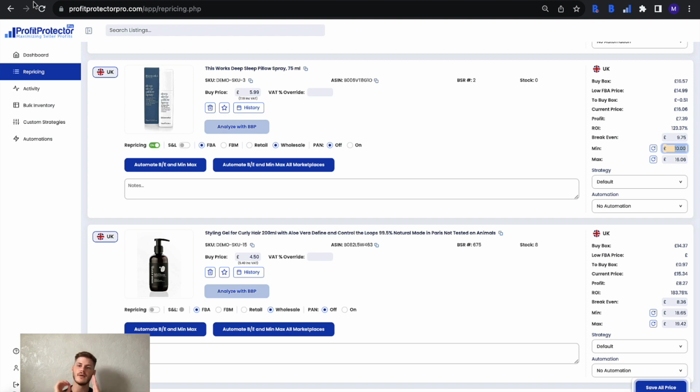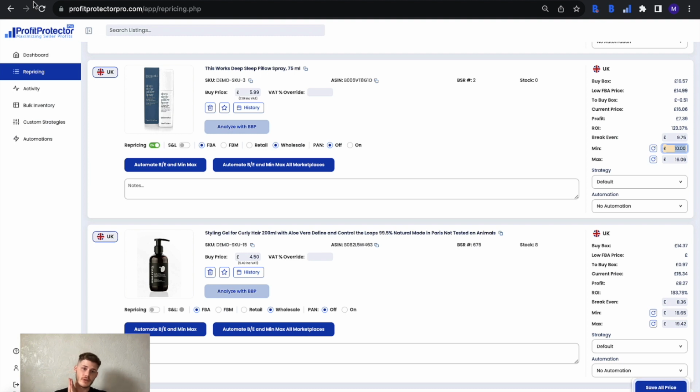So tip number 1, you don't want the buy box to be outside of your min and max parameters. Now this was something that I shared with you in the max price video, but it's important for your minimum as well that the buy box is not below your minimum. In order for Profit Protector Pro to compete most effectively, it needs the buy box to be within your set parameters. That way it can compete for the buy box, it can go just underneath it and it can move it up within those set parameters.